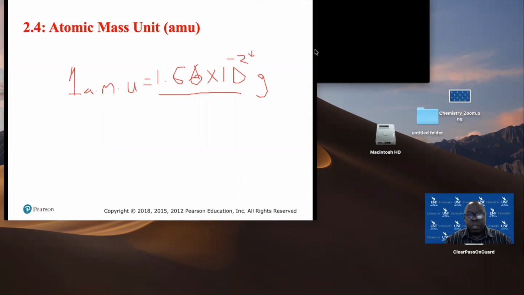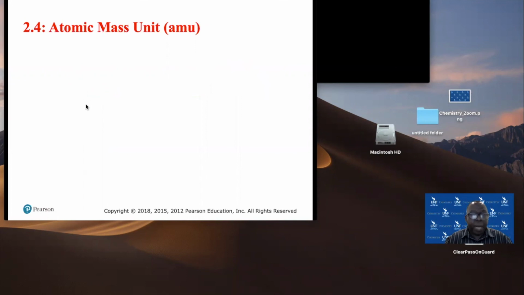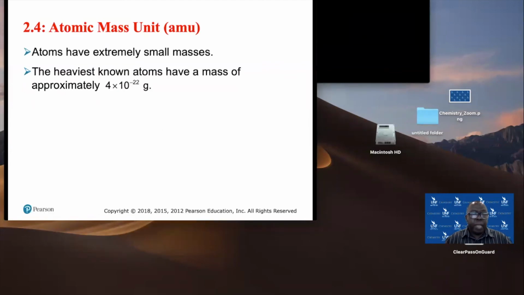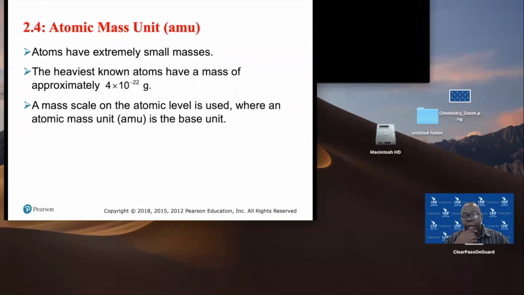So atomic mass unit is a unit used in expressing the masses of the subatomic particles we talked about. And it has no relationship with what we have on the periodic table, in the sense that the numbers you see on the periodic table, if you have 1 atom of sodium, for example, it will weigh the exact numerical value you see on the atomic mass of sodium, but the unit will be in AMU.